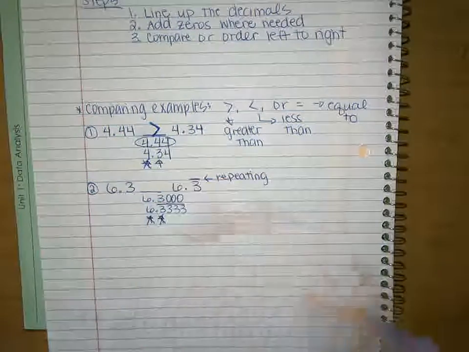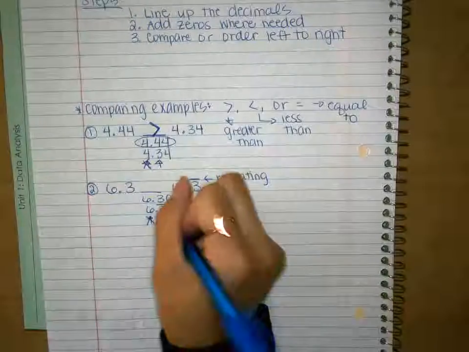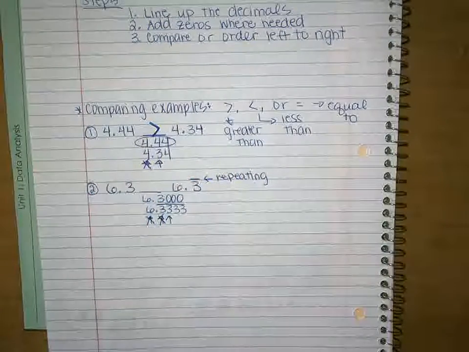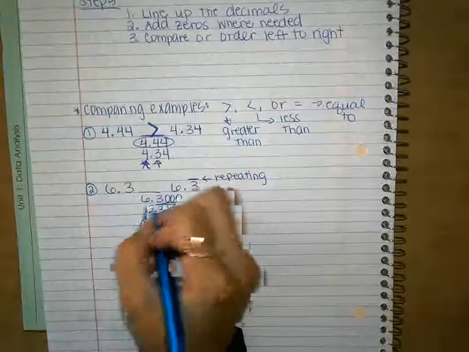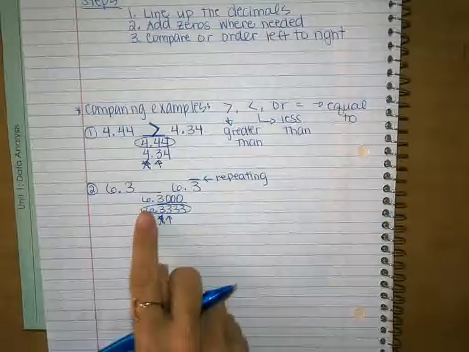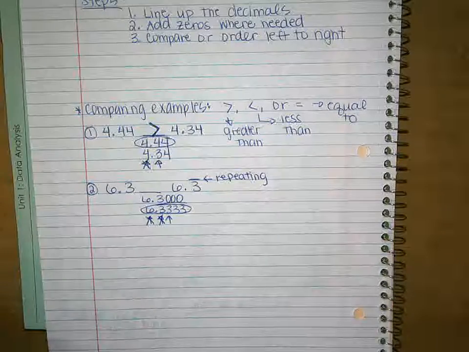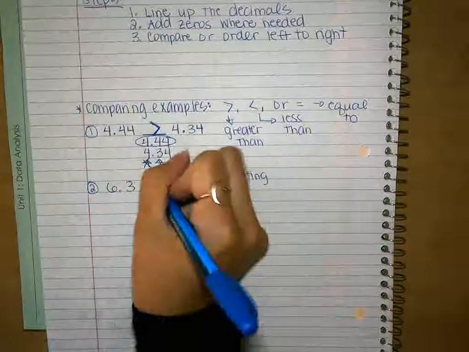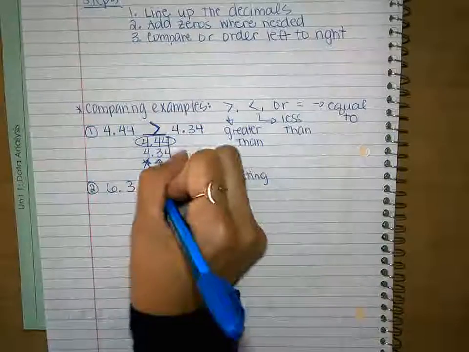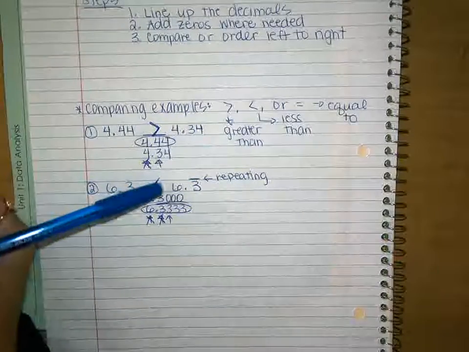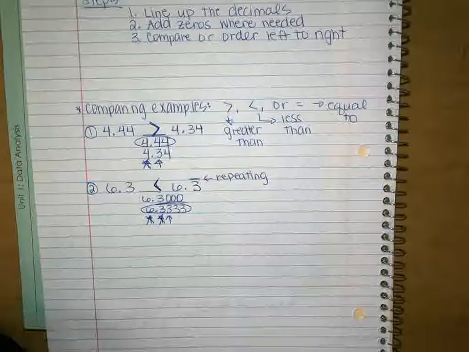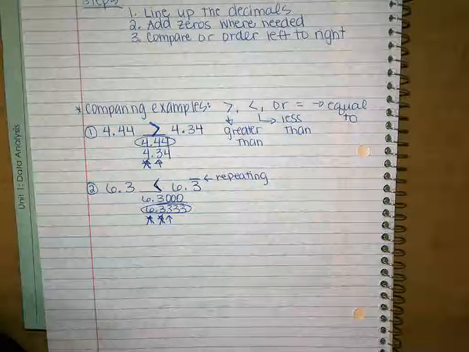They are the same. Go to the next column, I have a 0 and a 3. 3 is bigger than 0, so I circle the one that has the 3, which means the 6.3 repeating is the bigger number, which means my opening is going to eat my bigger number, which means 6.3 is less than 6.3 repeating. Hopefully that made some sense.